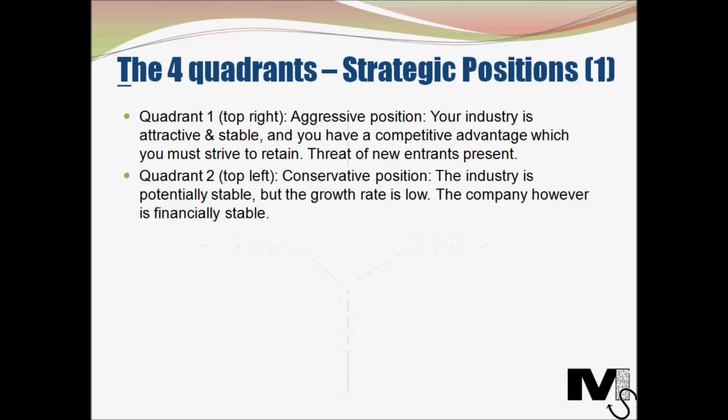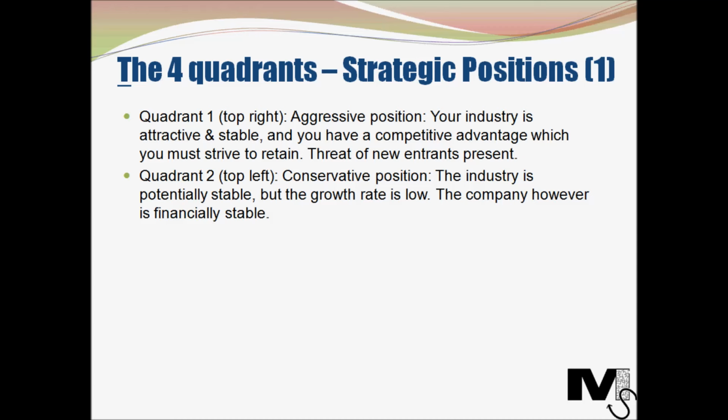Okay, and now let's look at the four quadrants, which are actually the strategic positions that the company is expected to take. Okay, quadrant 1, which is the top right quadrant, indicates an aggressive position. So if the point lands on this position, this is the dominant position, then the company can adopt an aggressive position.